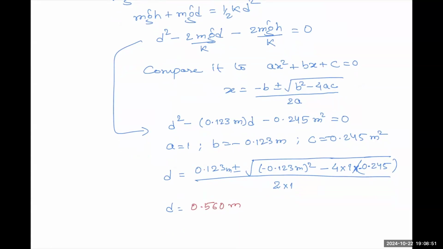So now let's do this one. Let me break it down into two parts. Now we need to figure out which solution to take, right? So now we're going to get 0.123 meter divided by 2 plus minus, and whatever that number is, 0.123 squared plus 4 times 0.245.